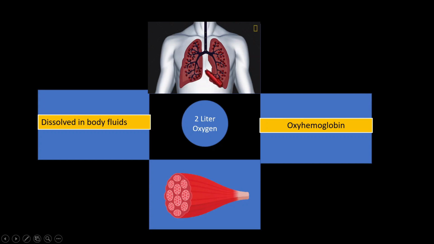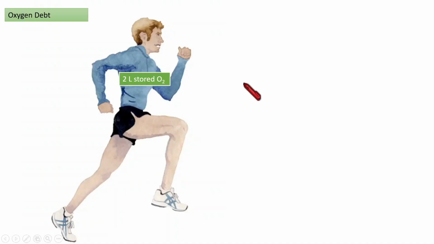Some amount of oxygen is stored in the lungs, some is dissolved in body fluids, some is bound with hemoglobin and myoglobin as oxyhemoglobin and oxymyoglobin, and some oxygen is bound with the muscle fibers. All together, this constitutes 2 liters of oxygen. This is the stored amount of oxygen in the body of an organism. It is a reserve.